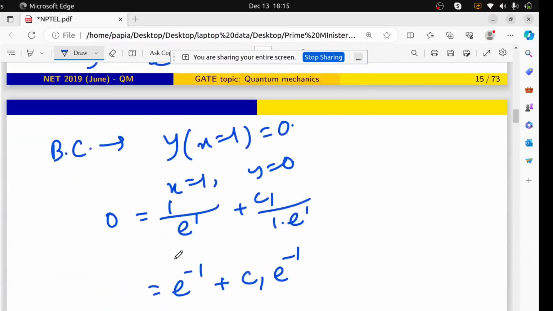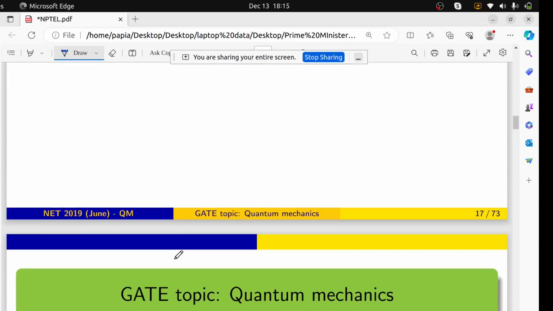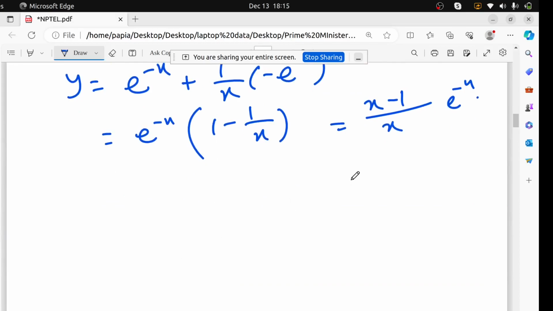Just put the boundary condition, and we can get the constant also, then we get the answer (x minus 1) by x. I think it's understandable. Okay, so now we can go to the next question.